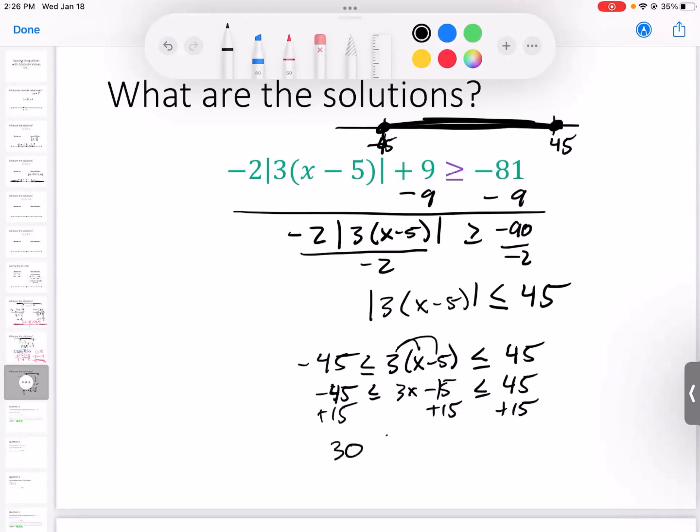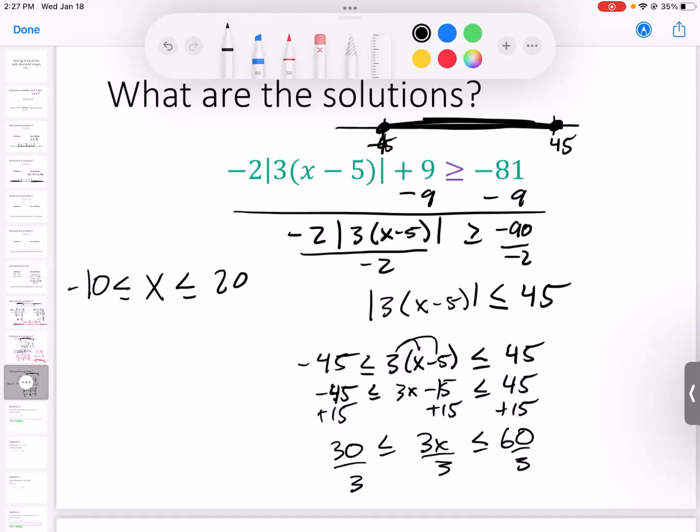So I'll get 30 is less than or equal to 3x is less than or equal to 60. Divide all sides by 3. And I get the solution x is less than or equal to 20 and greater than or equal to negative 10. And I didn't have to flip my signs here because I didn't divide by a negative. So it's fine if you divide by positives, but if you divide by a negative, then you need to switch the sign like I did right there.